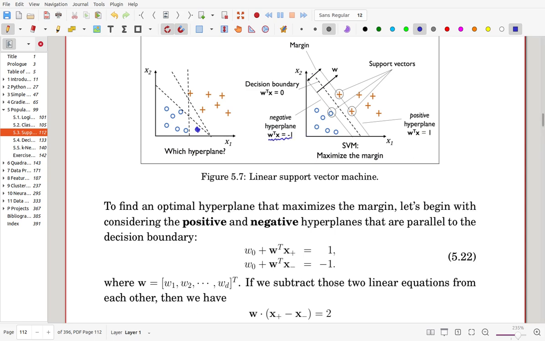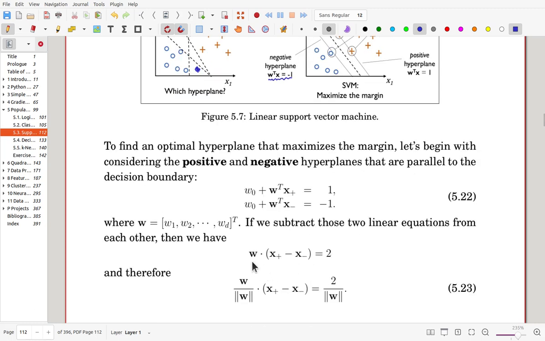The center one will have net input 0. So we start with the boundary hyperplanes and write down the equations, including the bias.